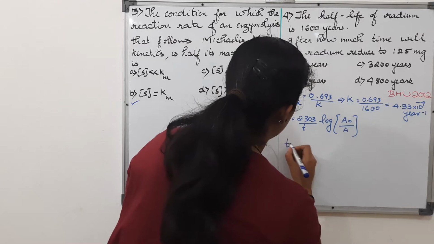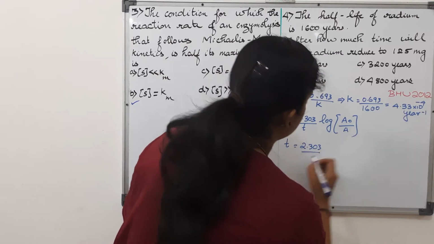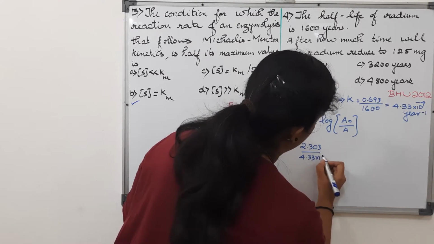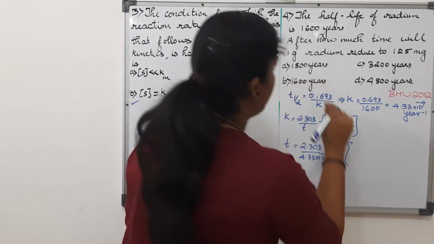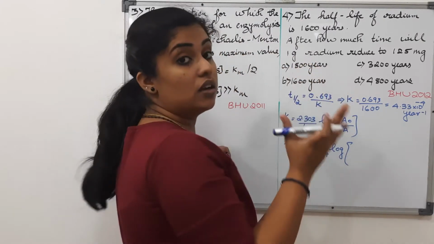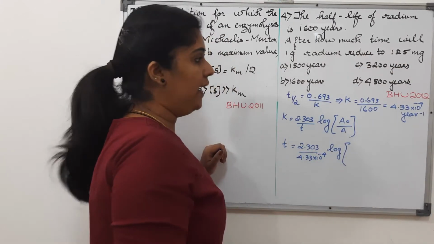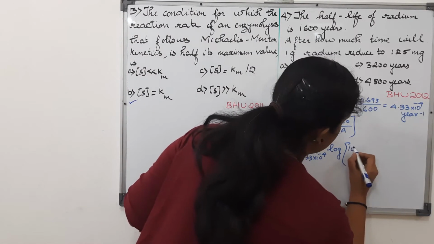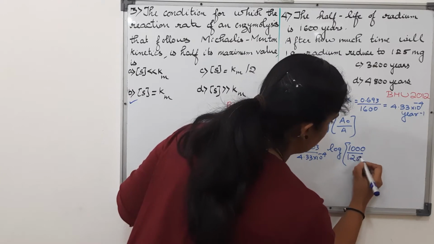My T value would be equal to 2.303 by this K value, that is 4.33 into 10 power minus 4, log of initial concentration was 1 gram, final concentration was 125 mg. So bringing them to the same unit, I can say this 1 gram is equal to 1000 mg. So I can just write it as 1000 by final concentration is already in mg, that is 125.